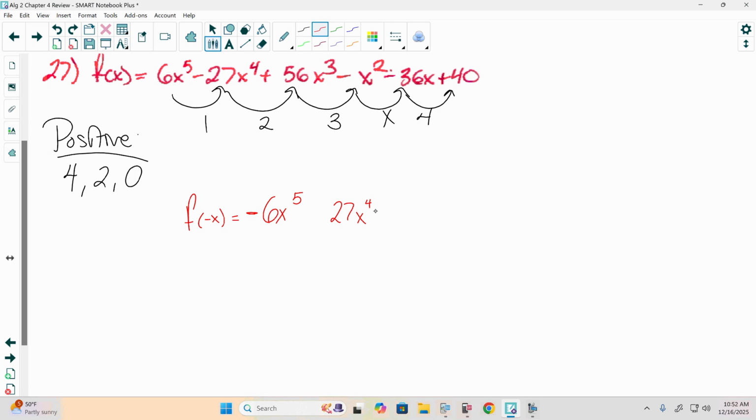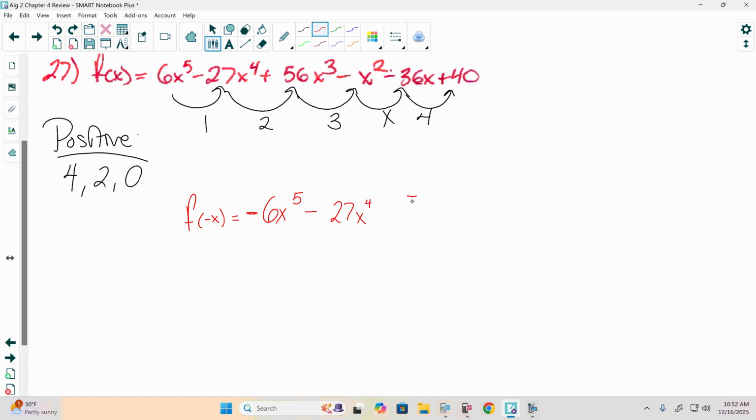When we apply an even power to this negative x, that negative is going to become positive, which means whatever sign was with the 27x to the 4th is still going to be with it. Because the odd powers, we're adding this negative exponent to the coefficient, which is changing the sign. Even powers, we're adding a positive sign to that leading coefficient, which is doing nothing to it.